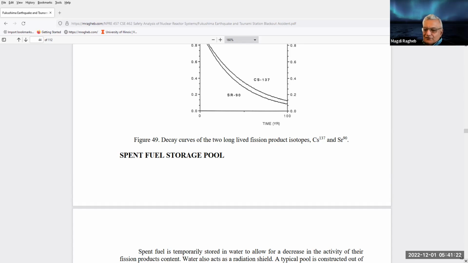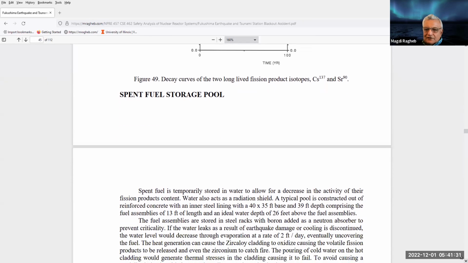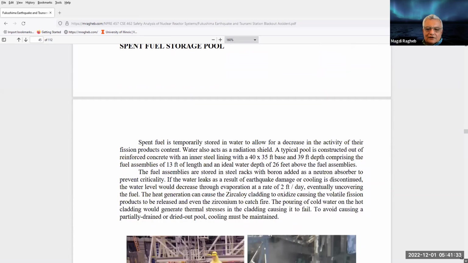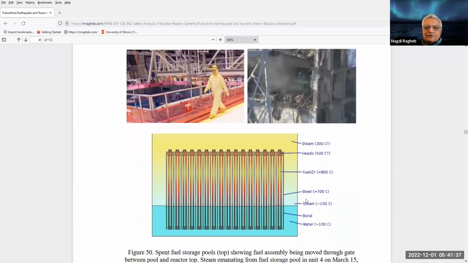So if you get in the nuclear industry, the first thing they do is give you a whole body count, and the instrument is so sensitive that they can detect a very tiny amount of the strontium-90.